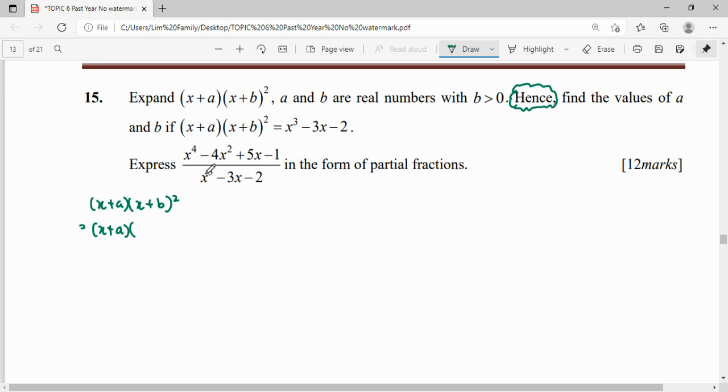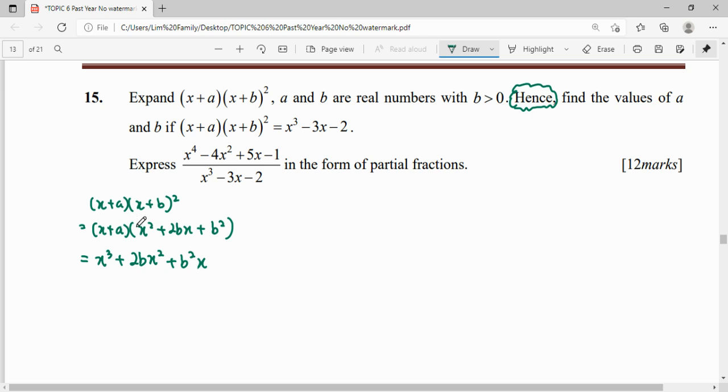For (x + b)², we're going to square it: x², and then 2ab becomes 2bx, and then b². Then we expand one by one: x with x² gives x³, x with 2bx gives 2bx², and then x with b².